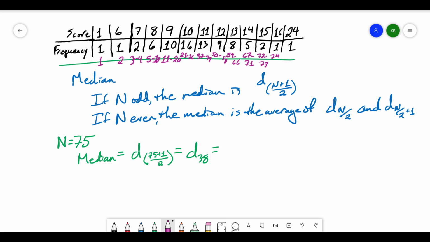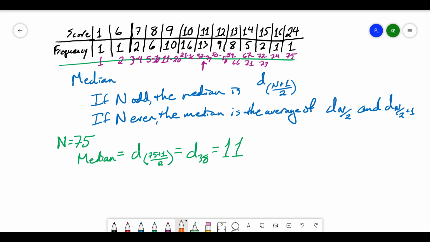And then lastly, 74 and 75 positions. So if I'm looking for position 38, I'm looking in this bin of 11s that I have. So my median score is going to be 11.